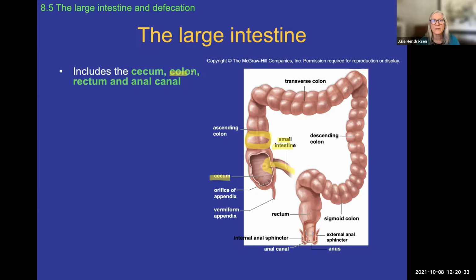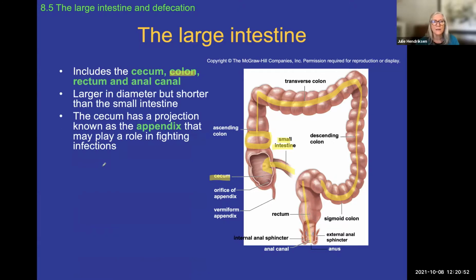Then the colon really is all of this. It goes up and over and back down. That's all colon. And then it eventually reaches the rectum and the anal canal. So that's all considered this last part of your digestive tract or your GI tract. The appendix, as most are familiar with, is attached to a portion of the large intestine.